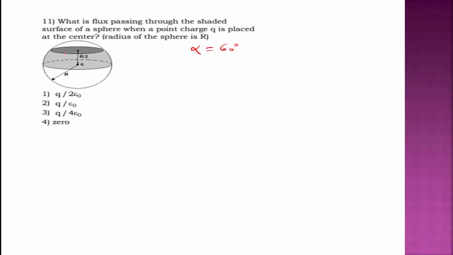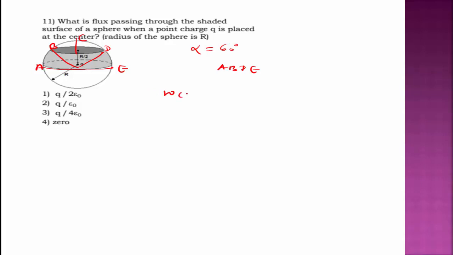And in this problem, when we draw the triangle, here this is A and E. This point is taken as C, and this is B, and this is D. Here alpha is 60 degrees. Solid angle subtended by ABDE, what is the flux passing through the shaded surface?